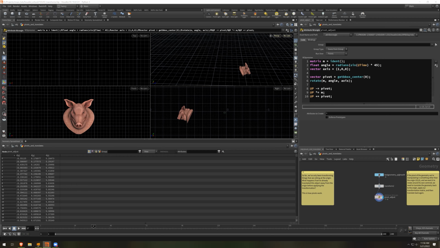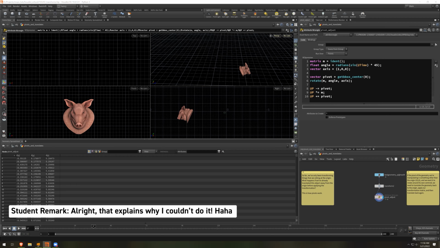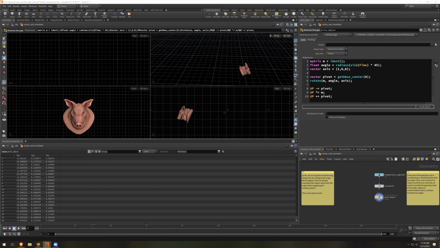It's very confusing. I couldn't even quote the math for you off the top of my head because it is really confusing to do. MOPs pivot has all of that stuff built in, and you can see how it differentiates all those operations based on whether it's solving it in local or world space.